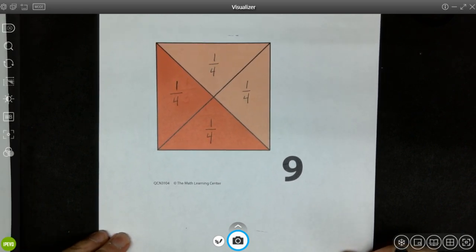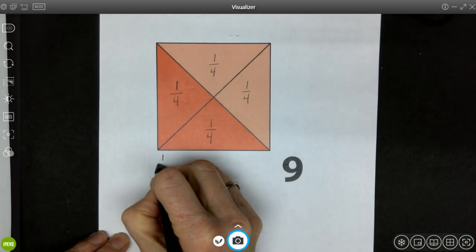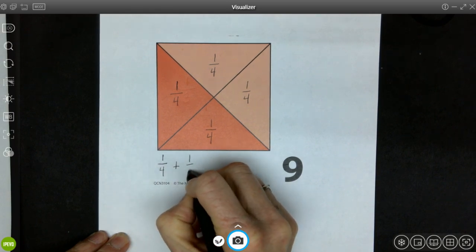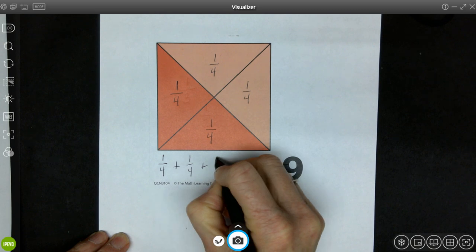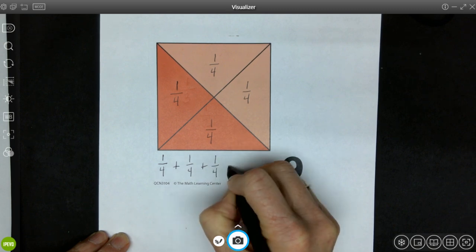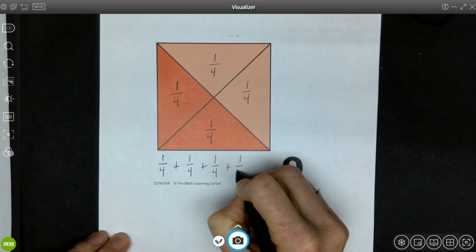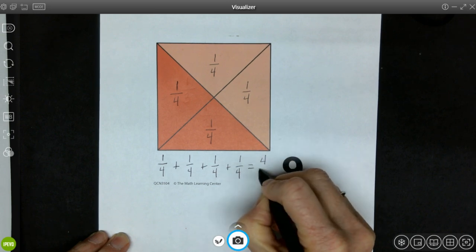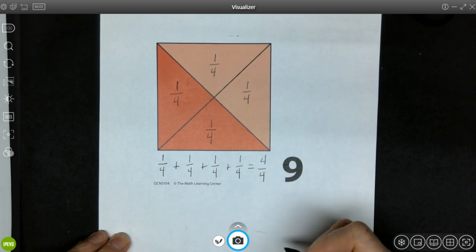Then when we look at this one, I wonder how we could write an addition equation to match this. How many fourths would be equal to 1 square? Well, we again have 1/4 and 1/4 and another 1/4 and another 1/4, and that is going to equal 4/4.